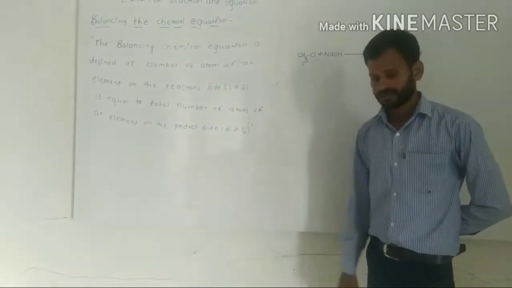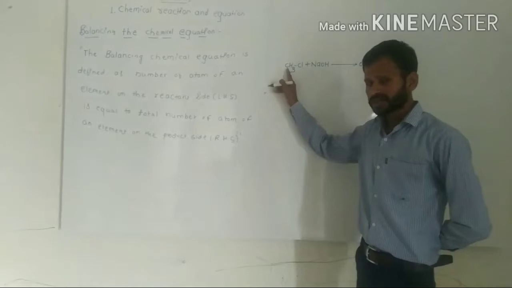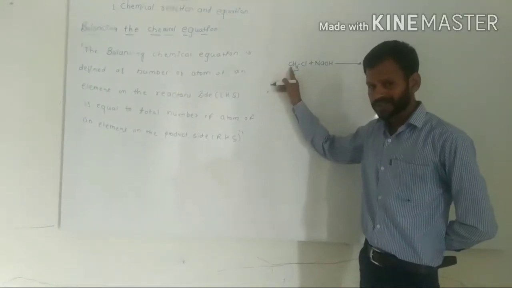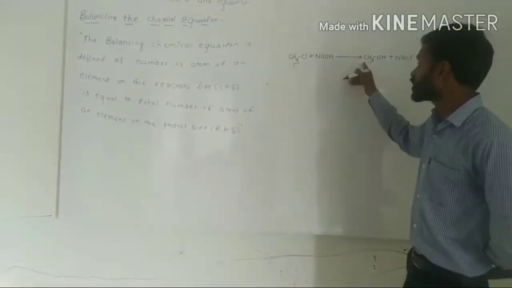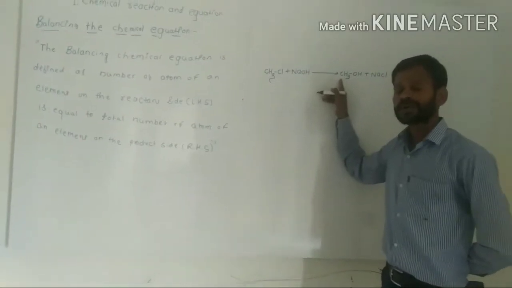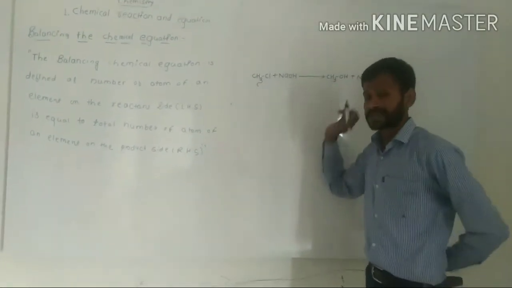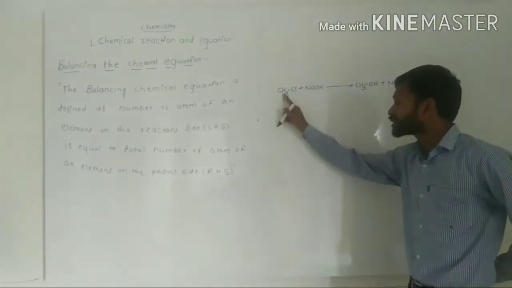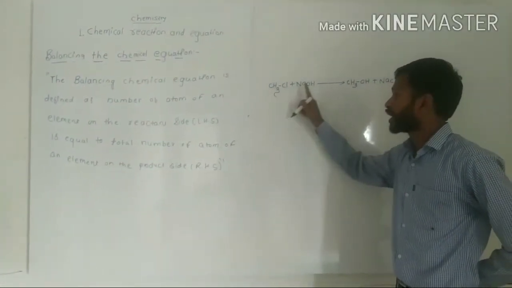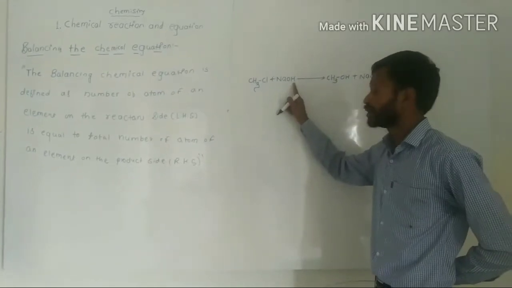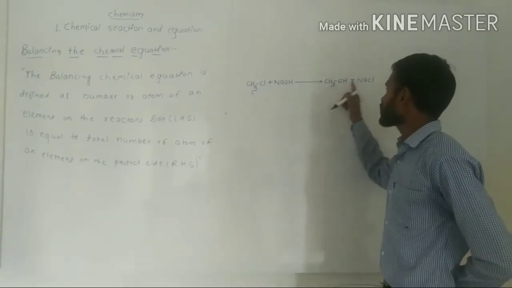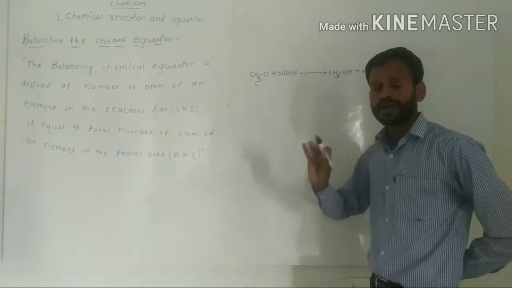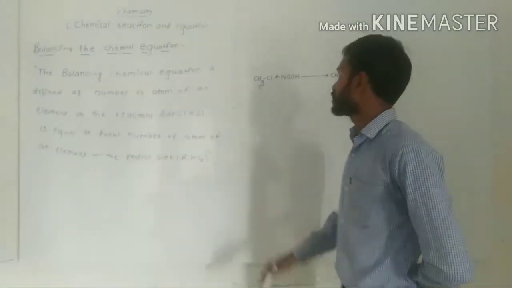Check the number of atoms. Here a carbon atom is there: one carbon atom on the reactant side, again one carbon atom on the product side, means it is balanced. Now hydrogen: these three hydrogen atoms and this one make 4, here again these three and this one make 4, so hydrogen is balanced.